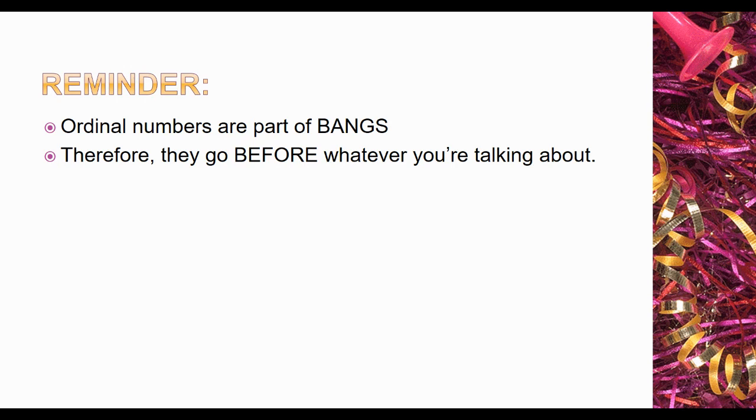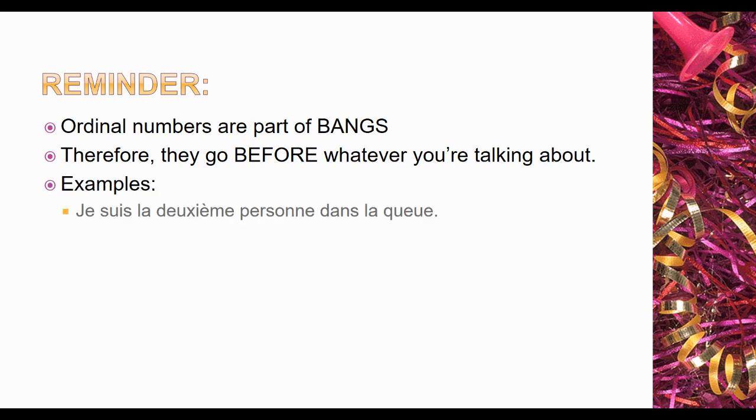So if I want to say, for example, je suis la deuxième personne dans la queue. I am the second person in the line. So person is what we're talking about. Now, once again, this is the adjective, second.